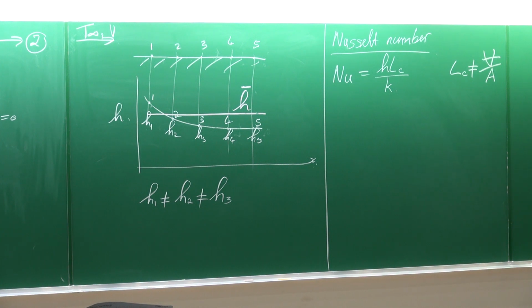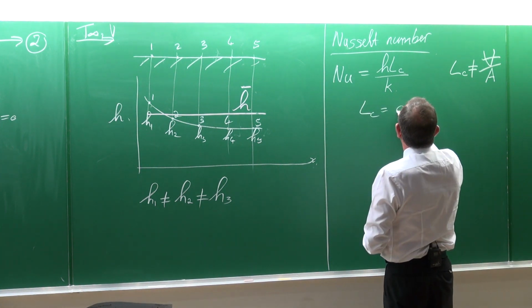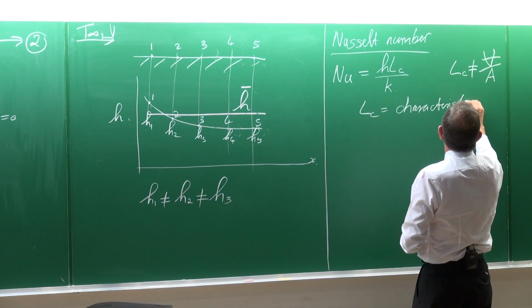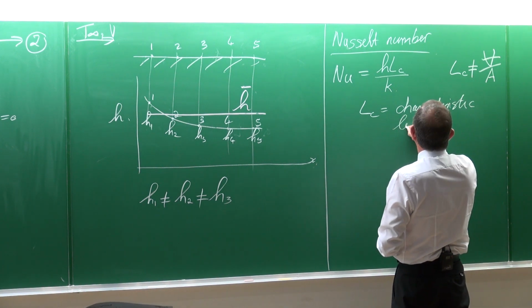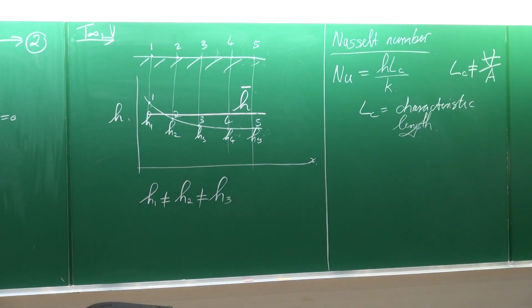It is a characteristic length. And that characteristic length is normally the choice that was made by the person who's doing the experiments.